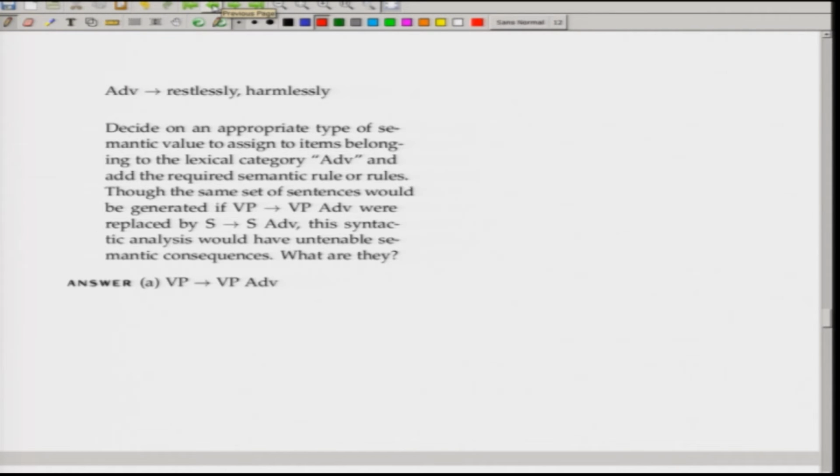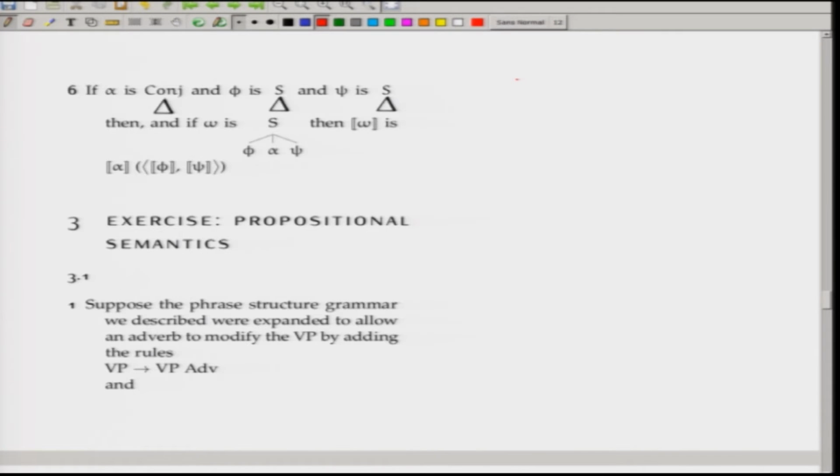The textbook itself suggests that the rules could be: VP. We have seen that VP goes to VIN, that was one thing, or it goes to VT, sorry, there would be no N, or it goes to VT and N.